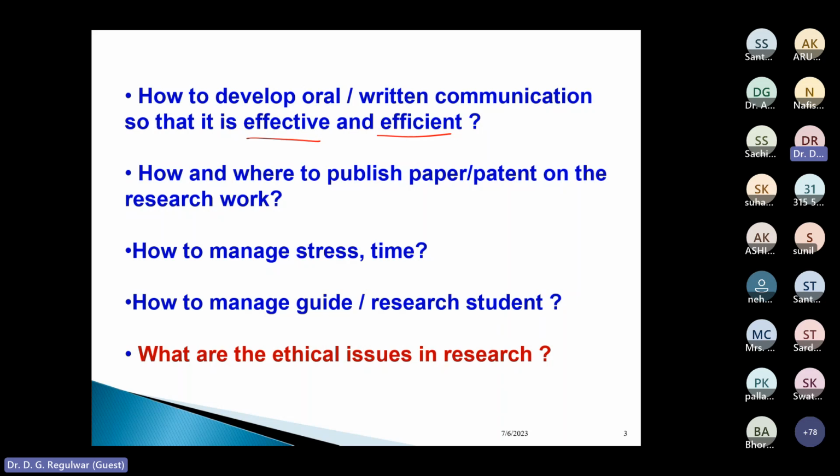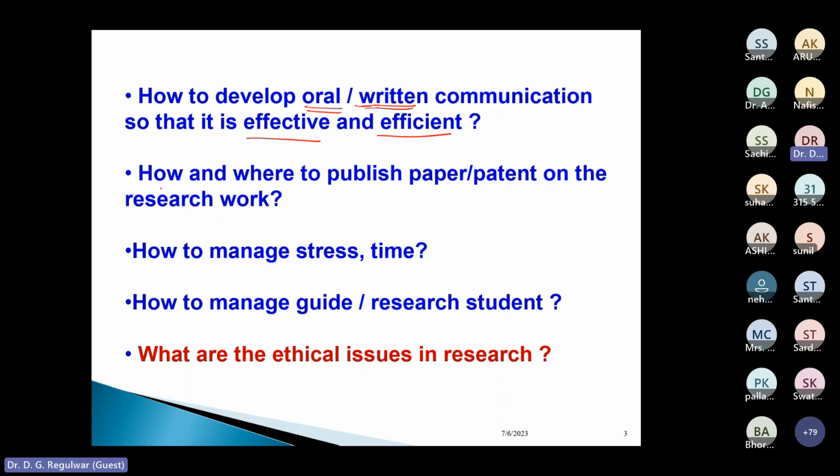So try to develop oral and written communication. Nowadays there are also a few softwares which help you with grammar, like Ginger, Grammarly, and some other softwares.